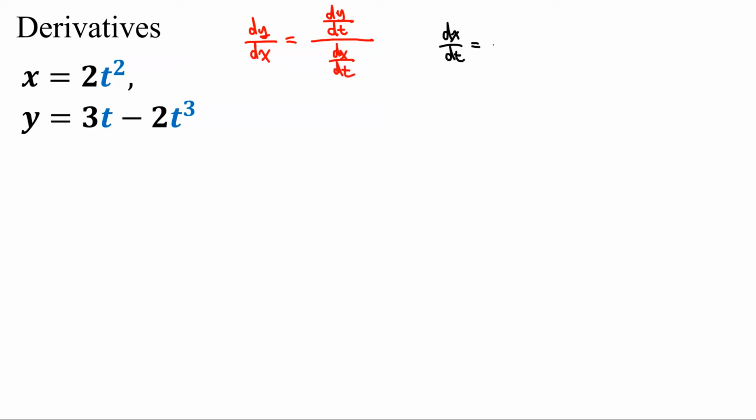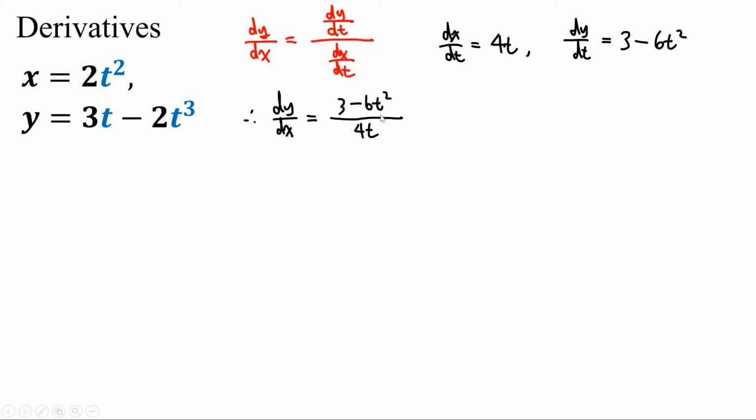Here, dx over dt is 4t and dy over dt is 3 minus 6t squared. And they give dy over dx as 3 minus 6t squared over 4t, which will be the slope of the curve.